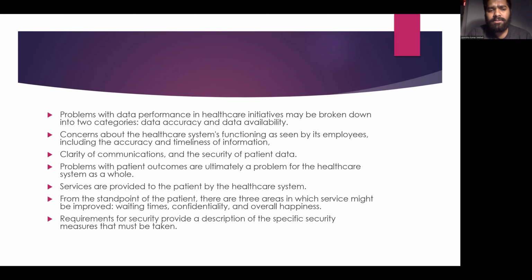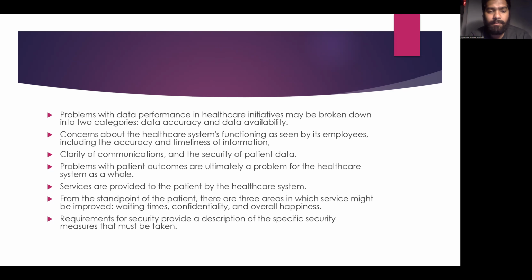Moving on to this topic, the concerns about the healthcare system's functionality as seen by the employees include the accuracy and timeliness of the information. The information is the basic key to ensure data accuracy, data availability, clarity of communications, and the security of patient data.